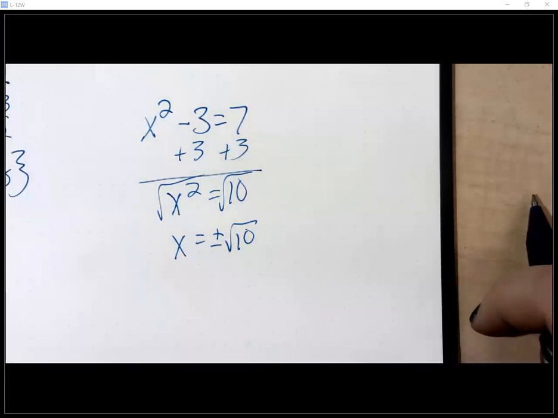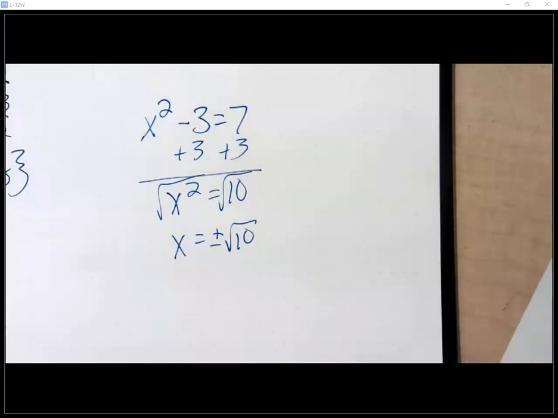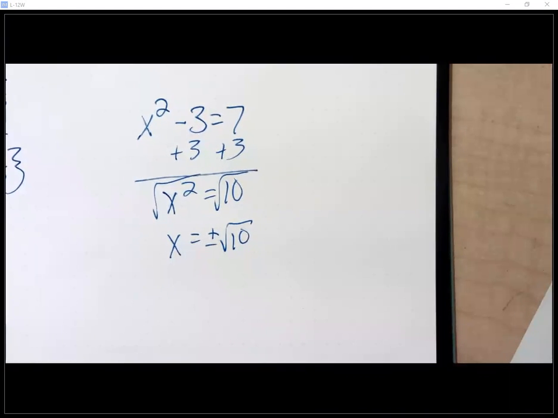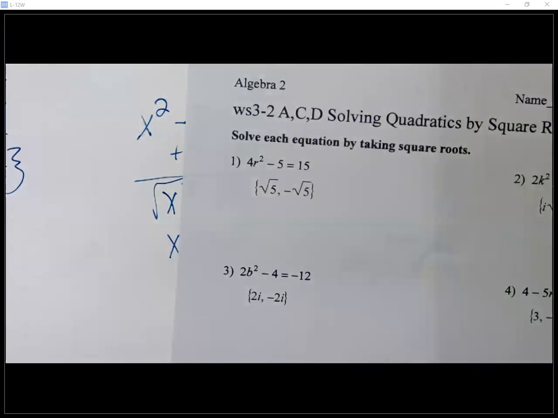Okay, so let me give you some homework then. I'll have you do a couple problems like that. This works out great. On the front of this 3-2 worksheet, can you just do the odds on the front, 1 through 11? So it'll give you a couple where it's just square roots. Oh, why am I showing you the answers?